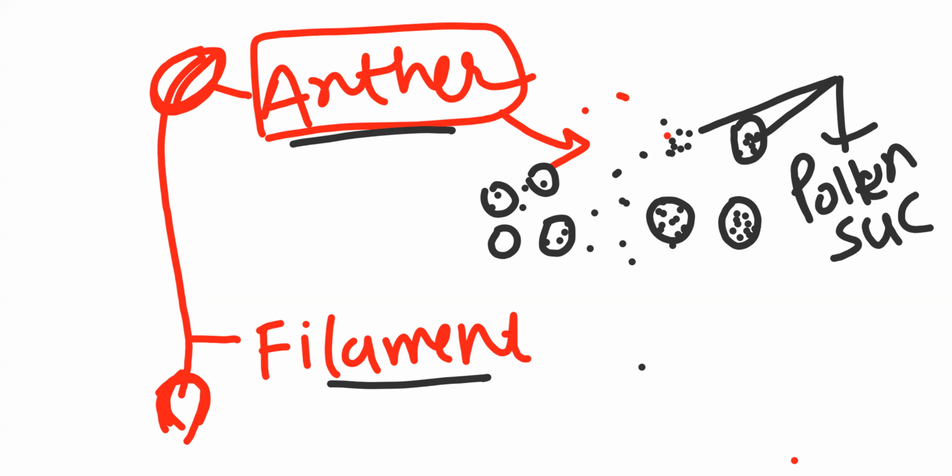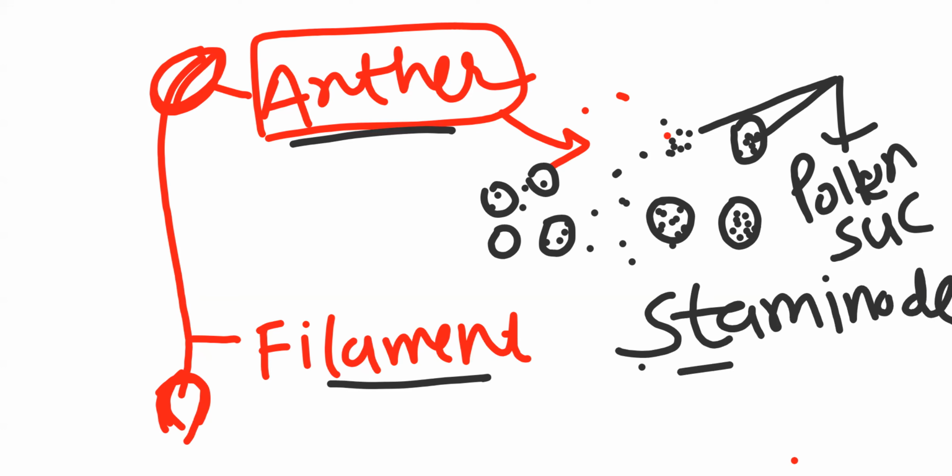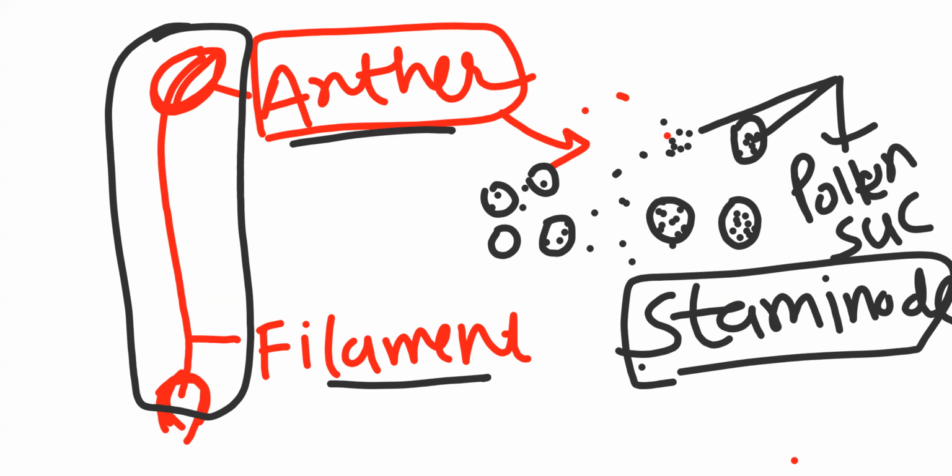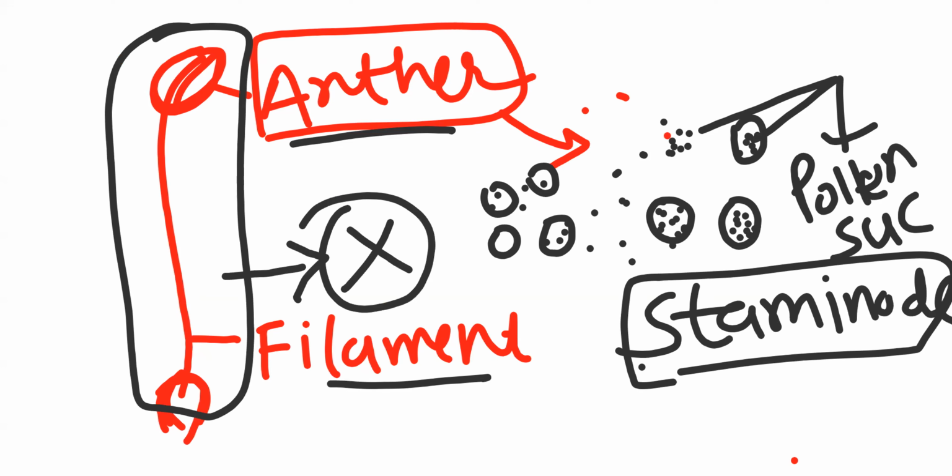Now, in some of the flowers, underline this, in some of the flowers, pollen sacs or stamen is present. The entire stamen structure is present, but in that pollen grains cannot be developed. The structure is present, but functionally absent.